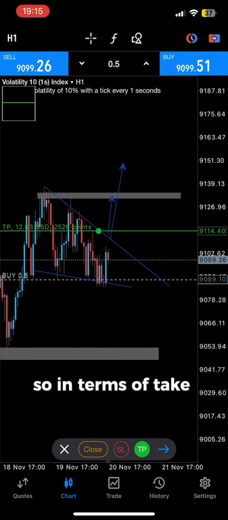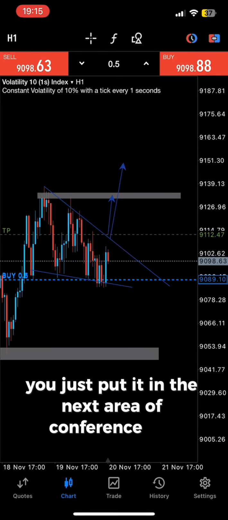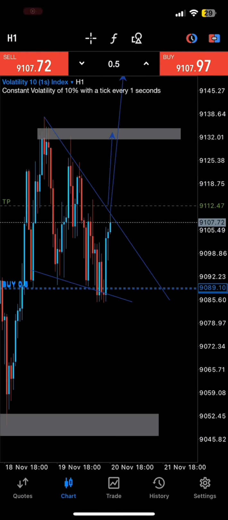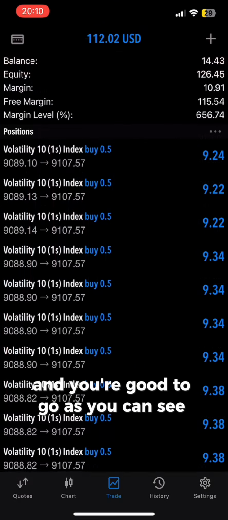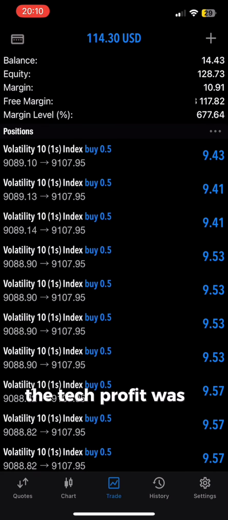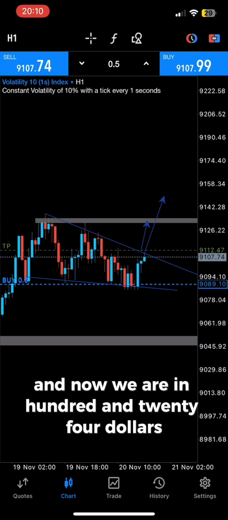So in terms of take profit, this is how you do it. You just put it at the next area of confluence, and you're good to go. As you can see, the take profit is almost hit, and now we are in $124.